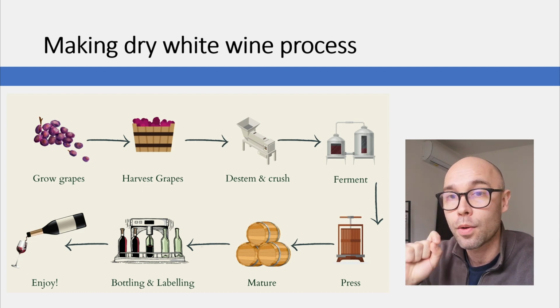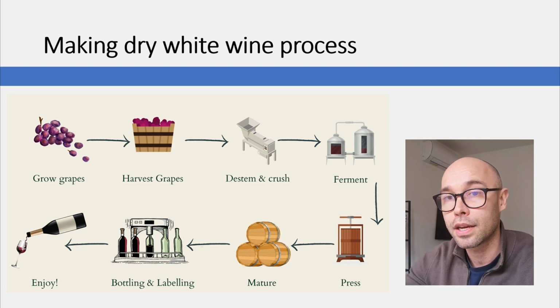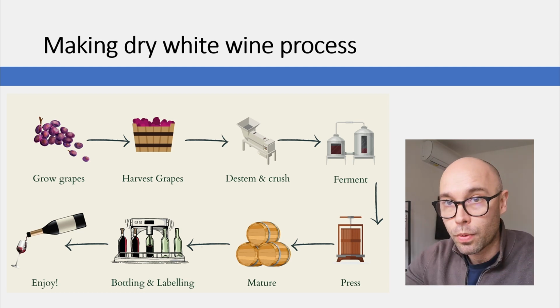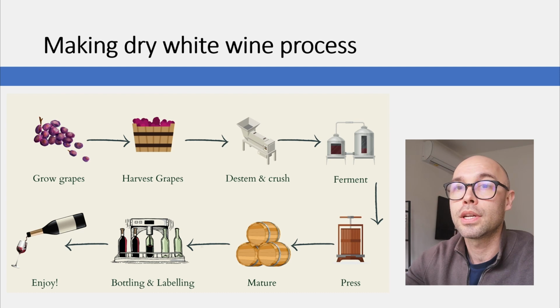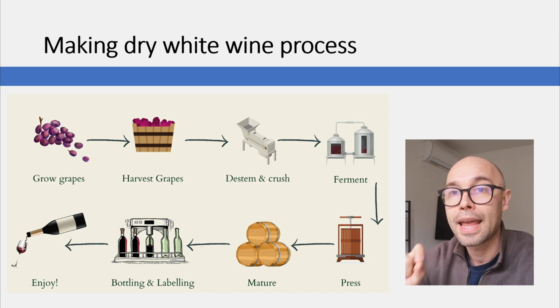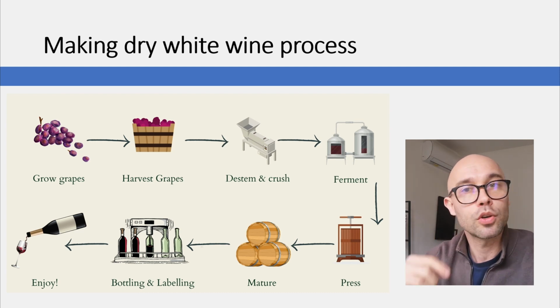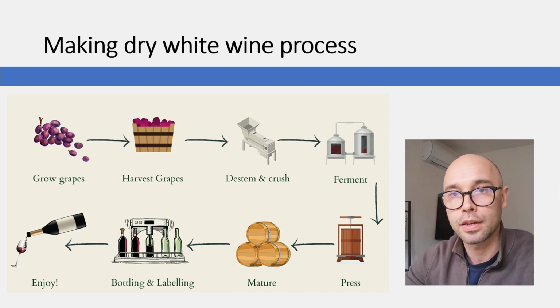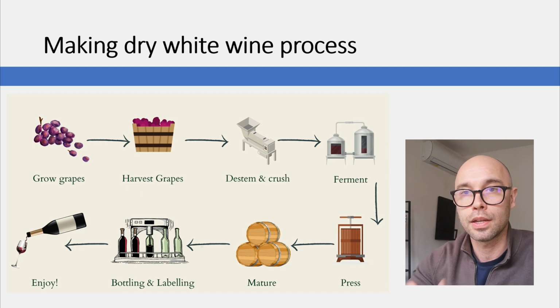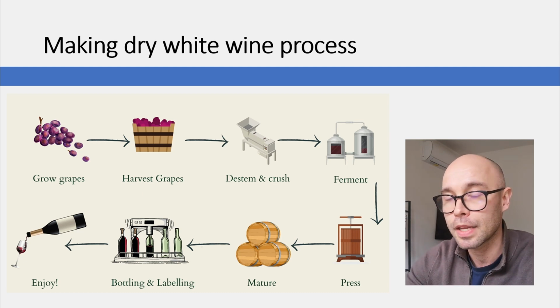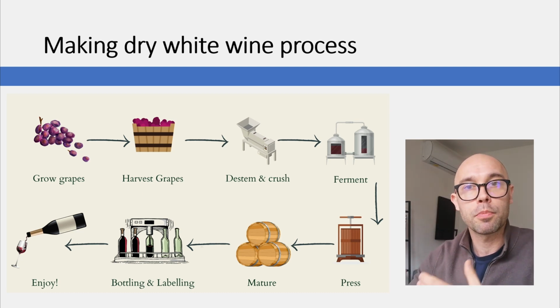Also, one thing that I want to mention for you to understand here, for white wines, you can ferment and age your wines in oak, because you just have to deal with the juice and not with the skins, which is very practical.